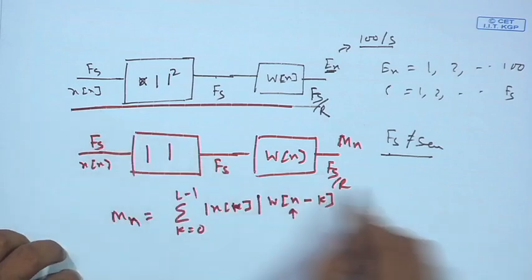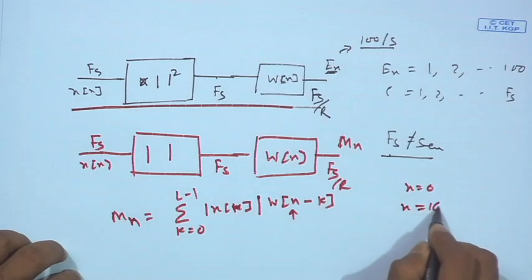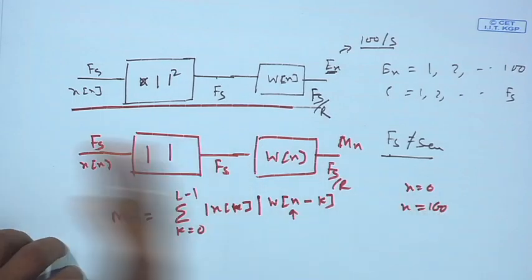If it is the first window, n is 0. If it is the second window, n is 160, the shifting being 160 samples. For the third window, the start will be 320. For the fourth window, the start will be 320 plus 160. So, for every window I get one M n.